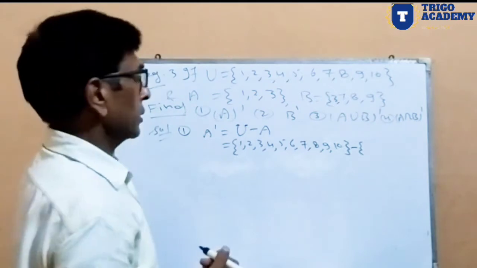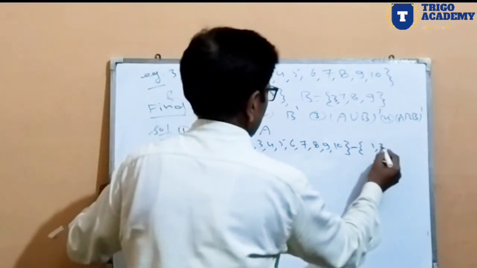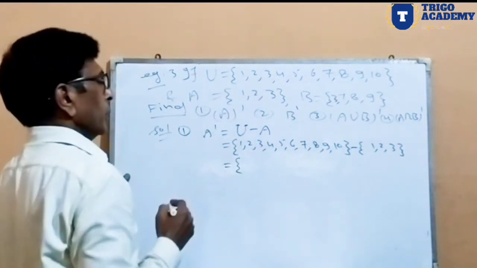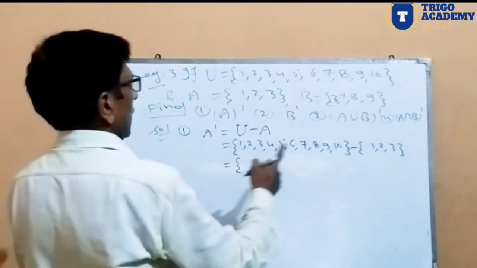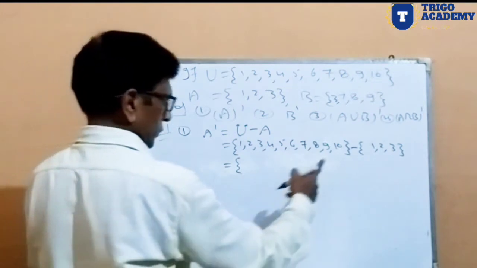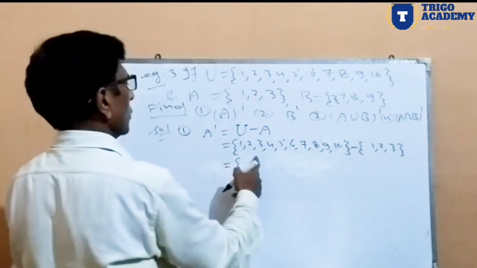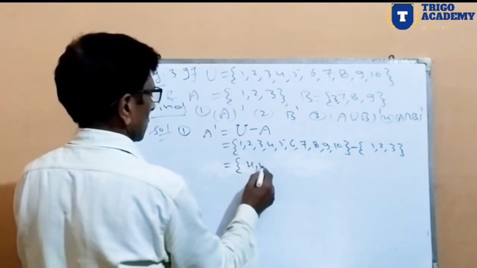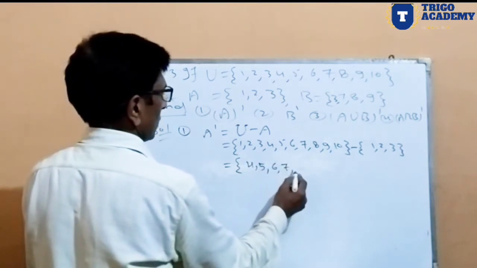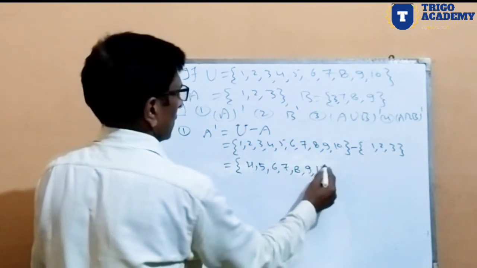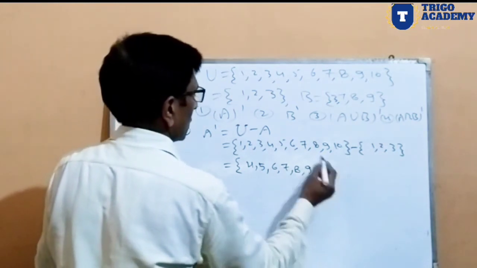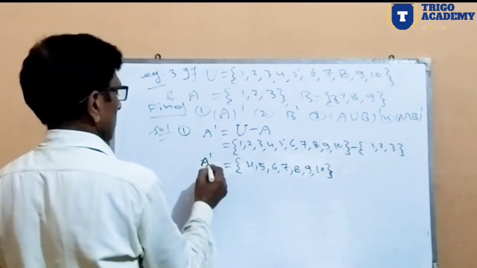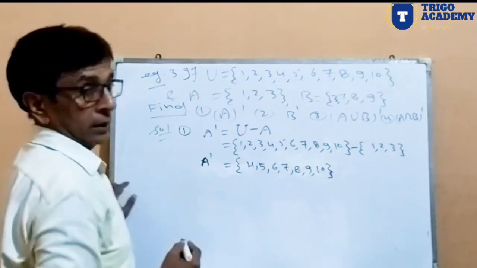Now the elements of A: 1, 2 and 3. Now we subtract the elements of A from U. So we remove 1, 2, 3 from U and we will take here 4, 5, 6, 7, 8, 9 and 10. This way, this is A dash.